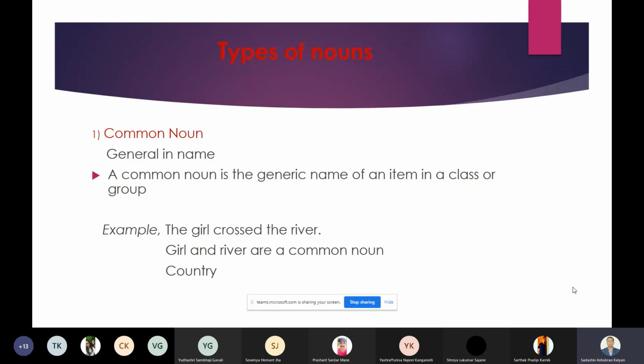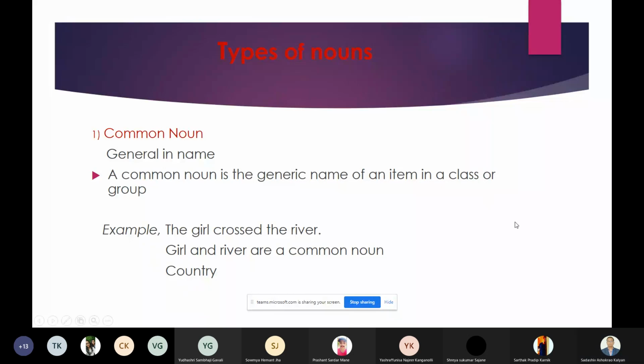And whenever we speak about a word like Rutuja, it is considered a proper noun. Whenever we speak about the river Ganga, we can use the word proper noun. These are called proper nouns, but these are common nouns, which are general in nature. So that's why we call it a common noun.